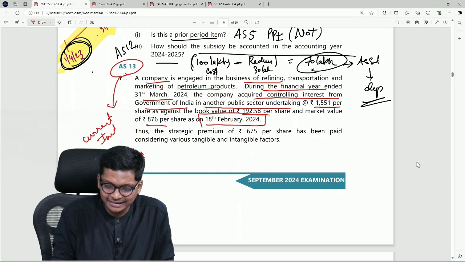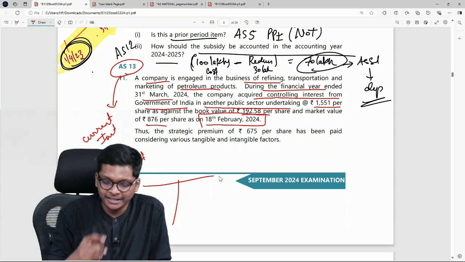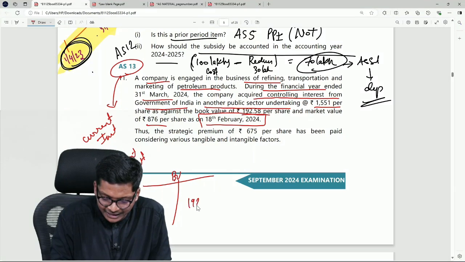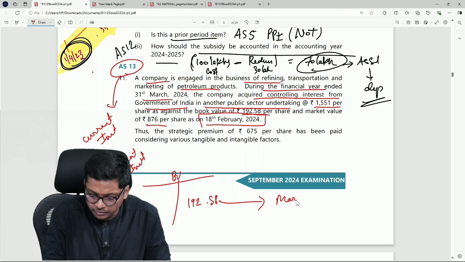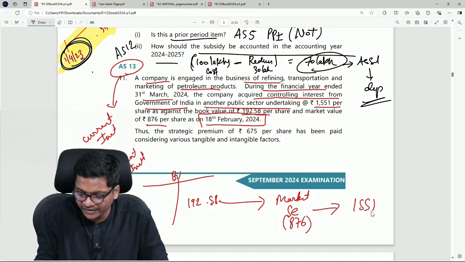So what is basically happening, guys? Some petroleum company whose balance sheet book value was only 192.58, in the stock exchange the price is 876, but I paid 1551.